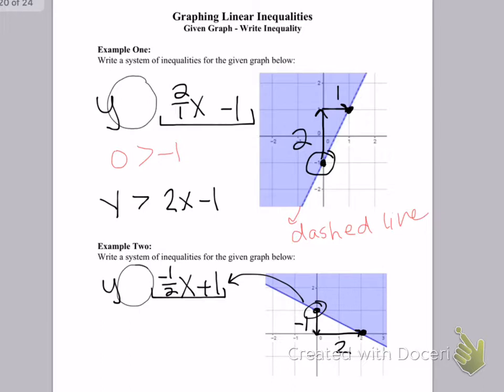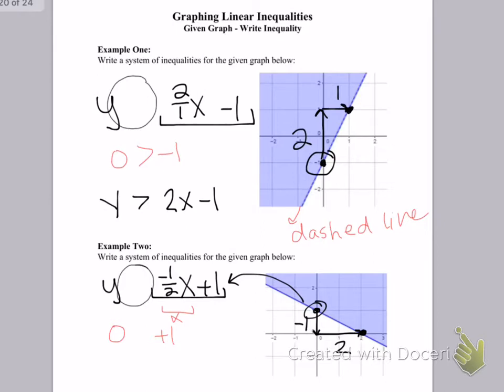And then lastly, you got to figure out what your inequality symbol is. So when you test 0, 0, you're going to plug it in. So we're going to have 0 times our 1/2 x, that's going to cancel out. And then we'll have +1. So we have 0 and +1. Well, we see that the graph is not shading 0, 0. So that means the inequality is false.